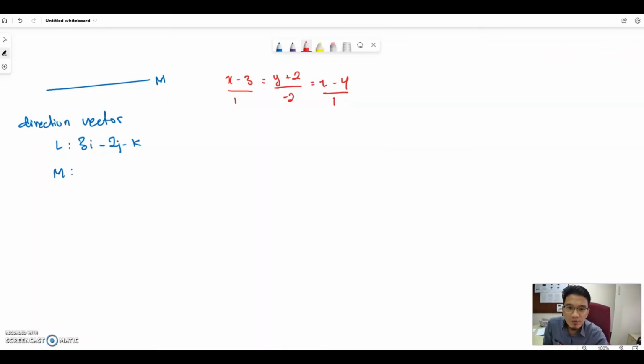And each of these is equal to t. So for the x component, we will have x equal to 3 plus t. For the y component, y equal to negative 2 minus 2t. And then the z component is 4 plus t.